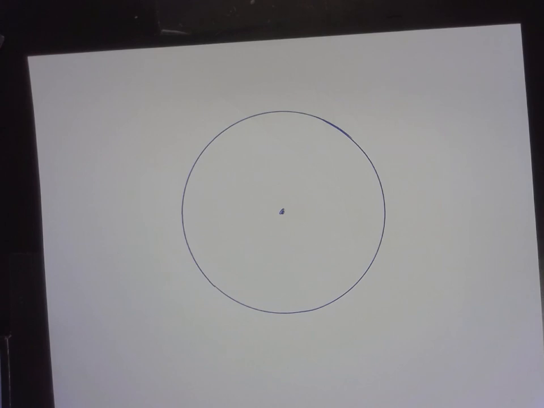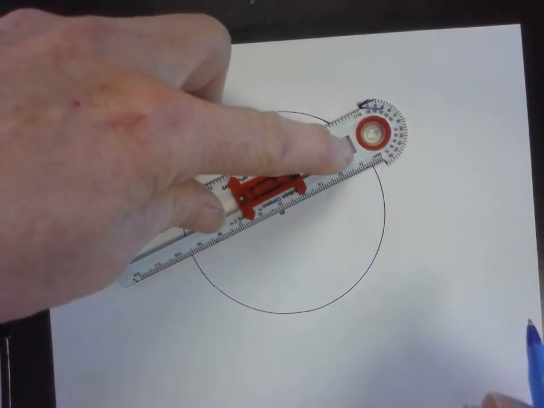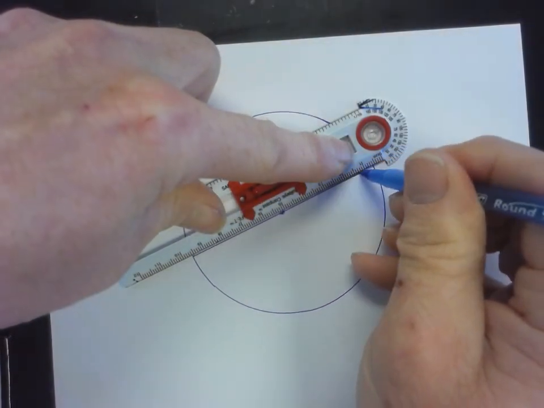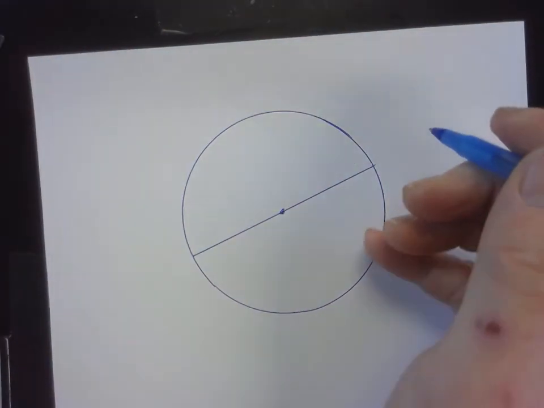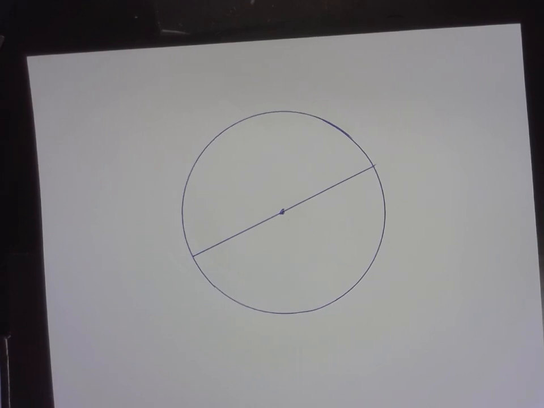Isn't that a semicircle? So the only way that's possible is if the hypotenuse of the triangle is a diameter. That's the only possible way.